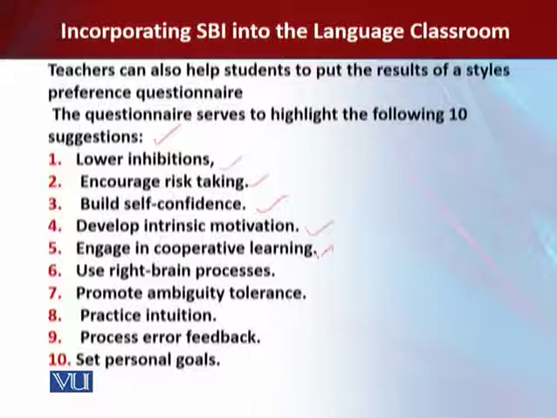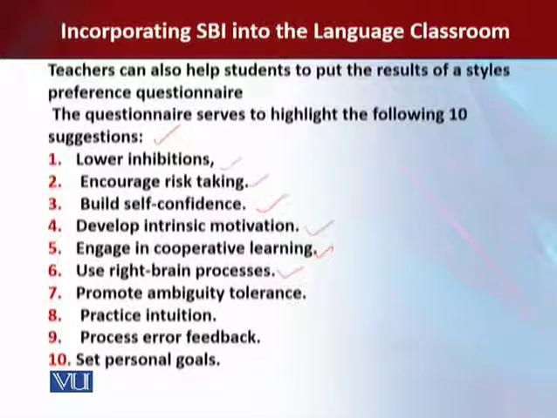Then we have engage in cooperative learning. That means direct students to share their knowledge and play down competition among students. Then encourage students to use right brain processing, which means use movies and tapes in class.